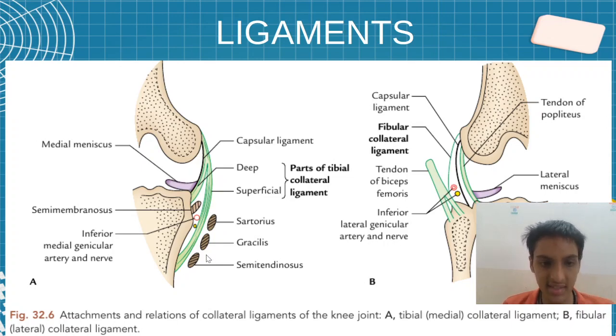Instead, sartorius and gracilis will be there, and we have the medial genicular vessels and nerves. When we come to the FCL, here we are finding the biceps femoris and the same genicular vessels and nerves with the lateral meniscus. And now we are finding the capsular ligament and the popliteal tendon.